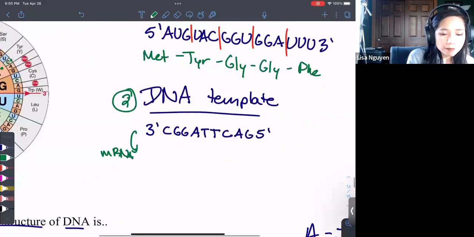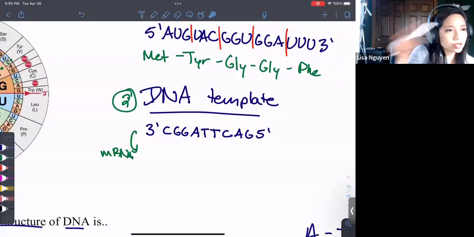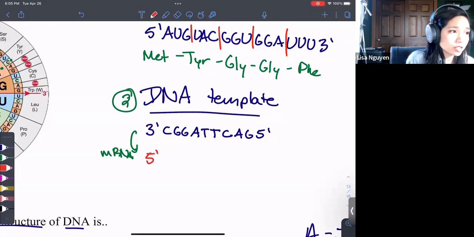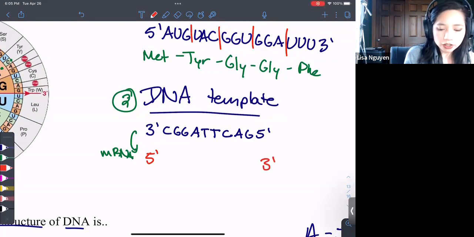So do note that when you are looking at complementary strands, the complementary strand orders the numbers in reverse. So here the template is 3 to 5, so this will make our mRNA strand start at 5 and end at 3. And now these letterings we can use to get the complementary strand, right?